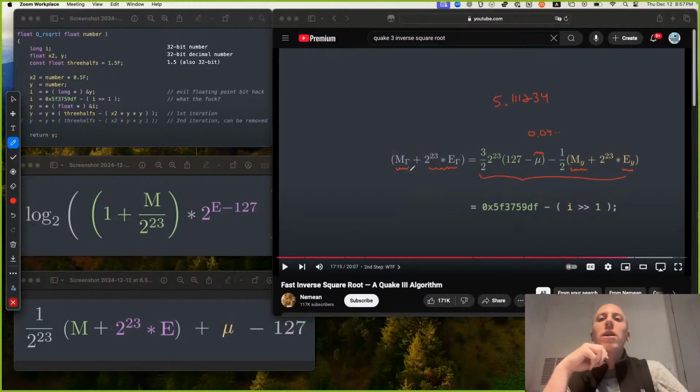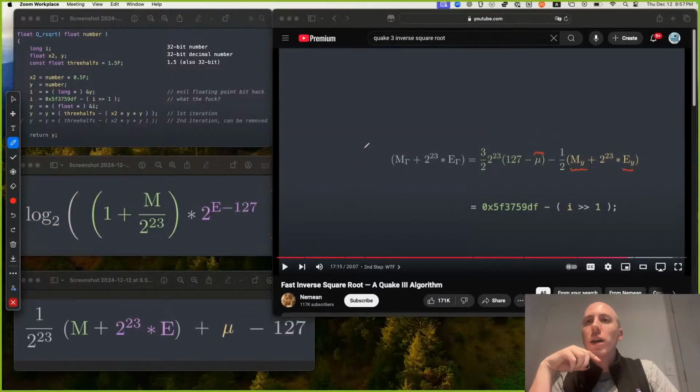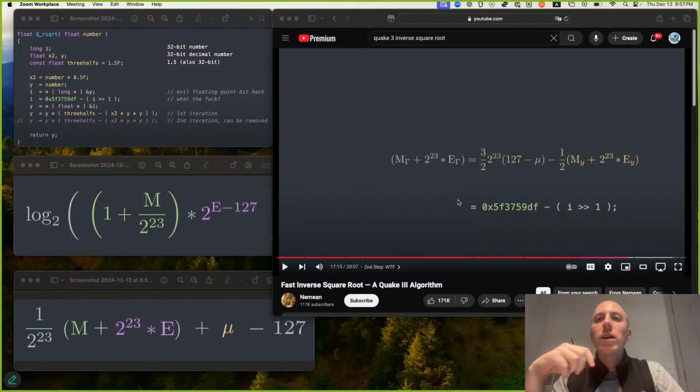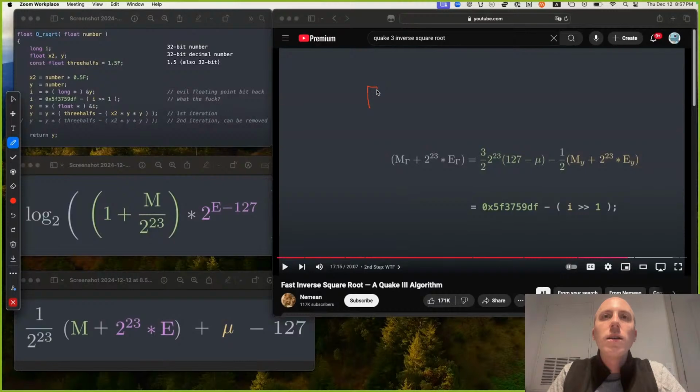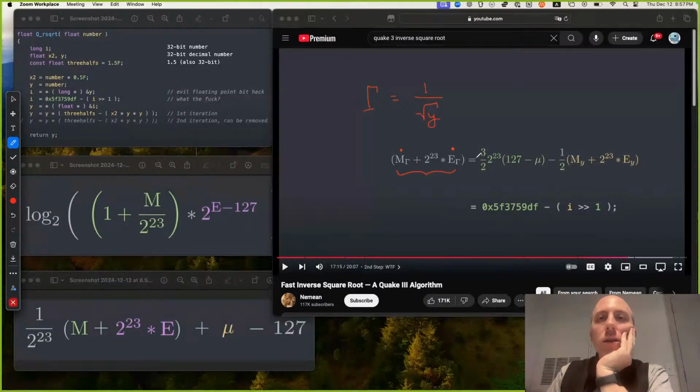Oh, okay. And the whole point of this is we were solving for gamma. Before, we set gamma equal to 1 over the square root of y. And so we solved for gamma, like we solved for the mantissa and the exponent.